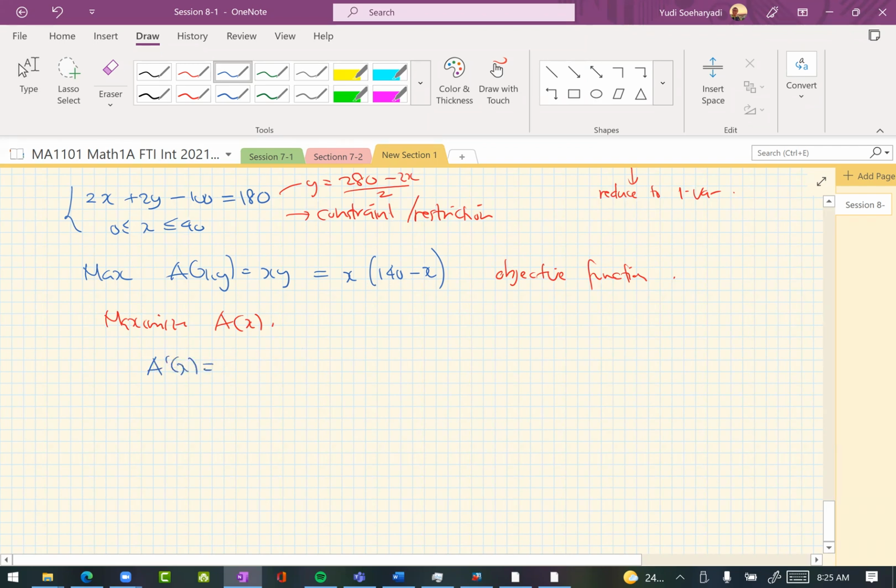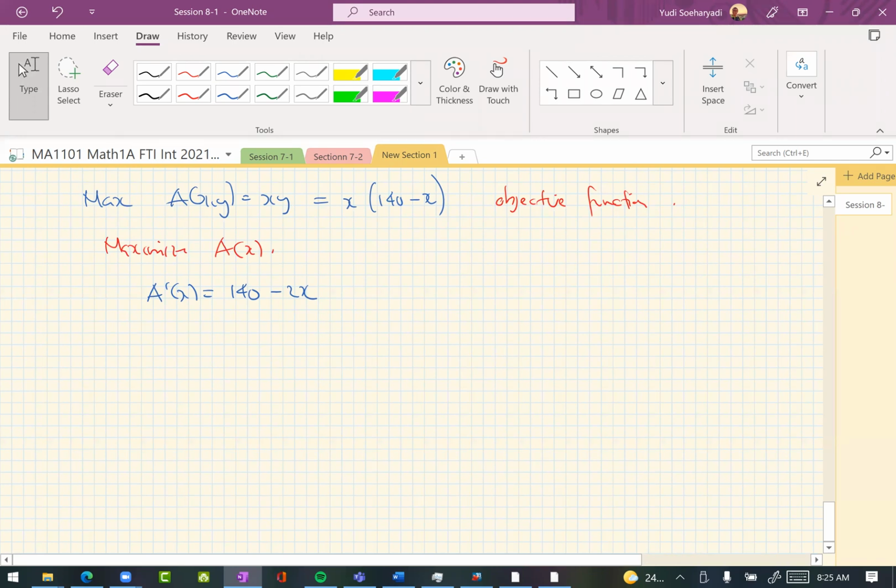So this is 1 times, let's see, 140x minus x squared, so minus 2x. And let's give just stationary. X equals 70, right? No singular.